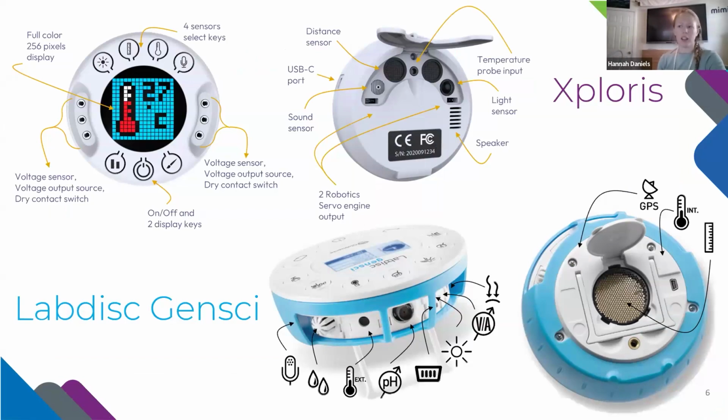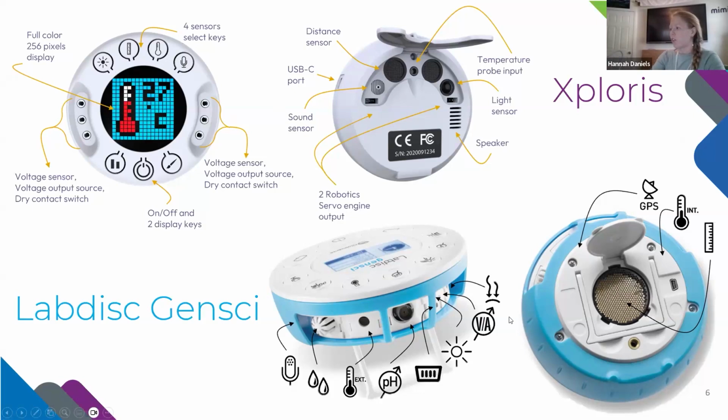They each have a variety of sensors. The Explorus has light, distance, temperature, sound level, as well as voltage. And then this one does a whole bunch of other things. We've done sessions highlighting how it can do art and music and animation and coding and control and all sorts of things. So this is way more than just a data logger, but today we're going to be focused a lot on the data logger component of it.